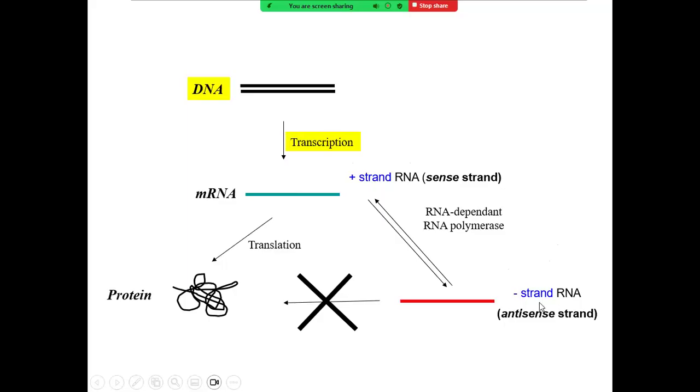Remember, the negative strand RNA is never read by the ribosome to make proteins. What happens is the ribosome will use the positive strand RNA as viral messenger RNA to make the viral proteins.